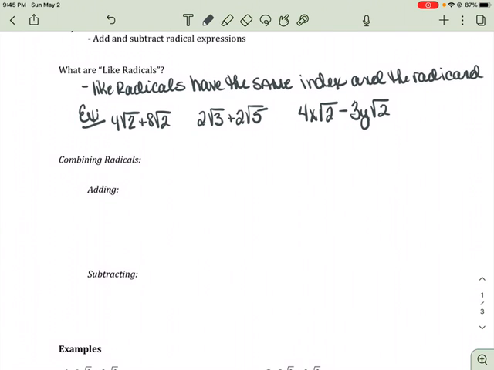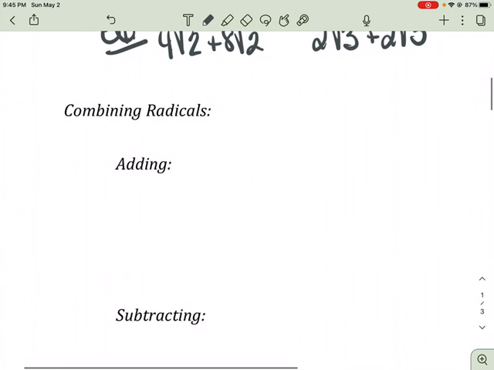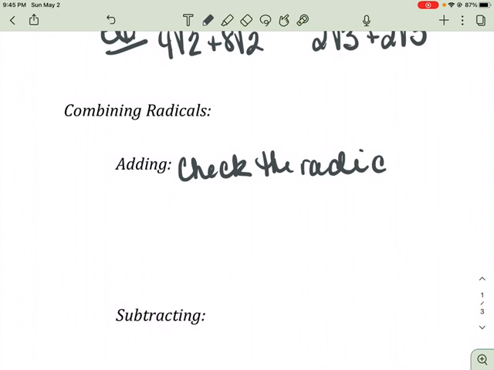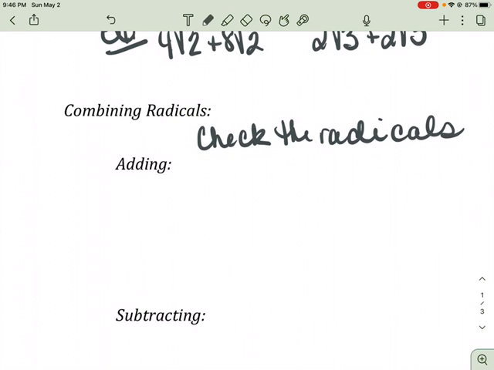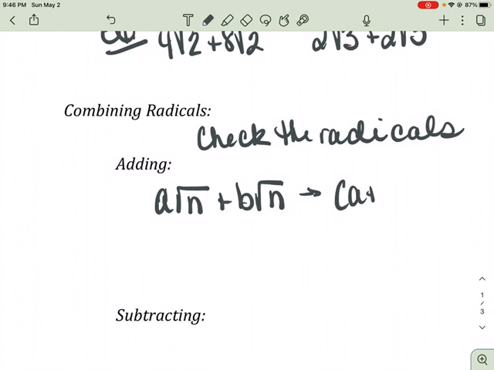Now, when you're combining radicals, like adding and subtracting, the first thing you want to do is check your radicals for both conditions.